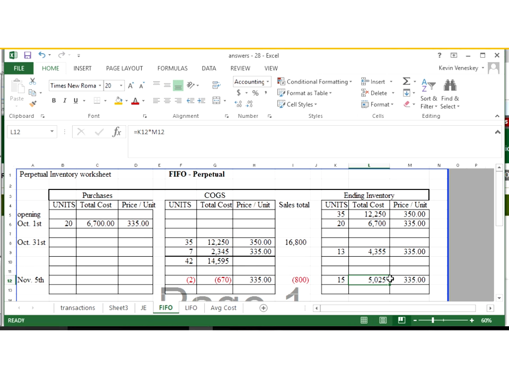However, the inventory cost me $335 because there's that little bit of shipping that's tacked on.